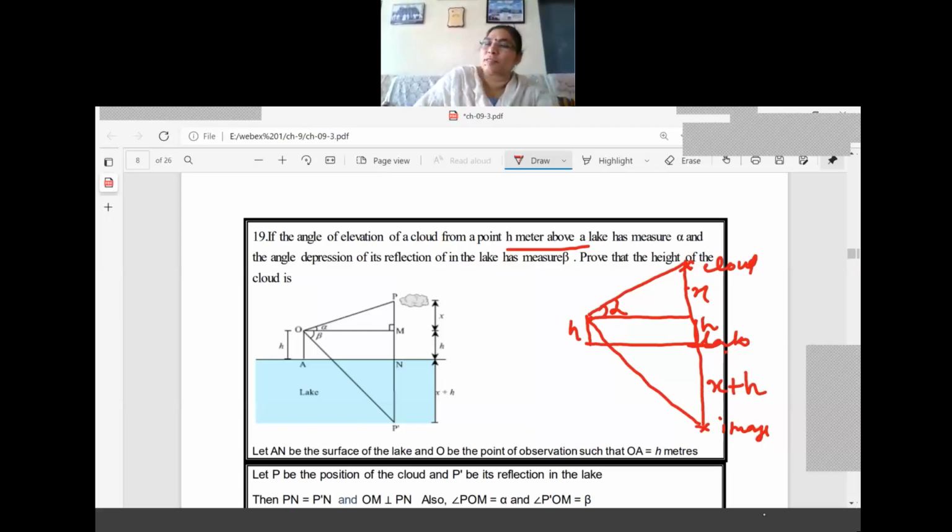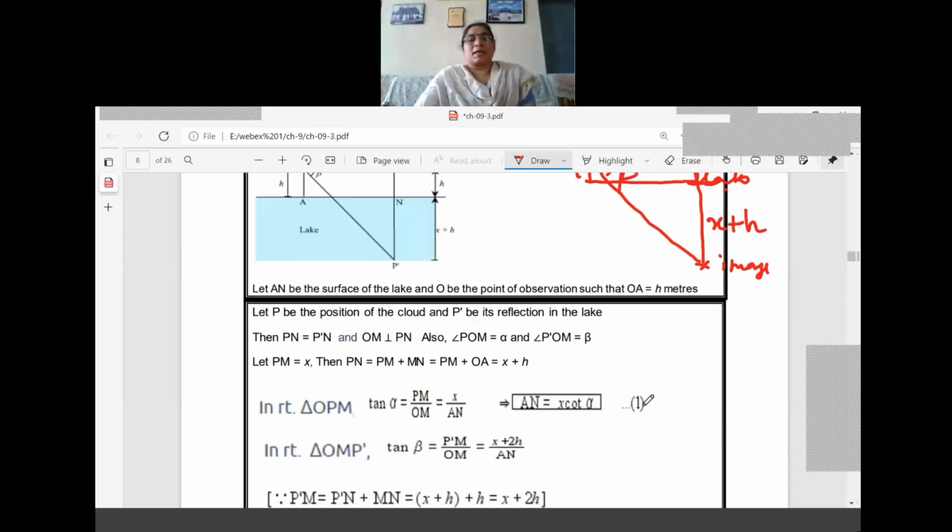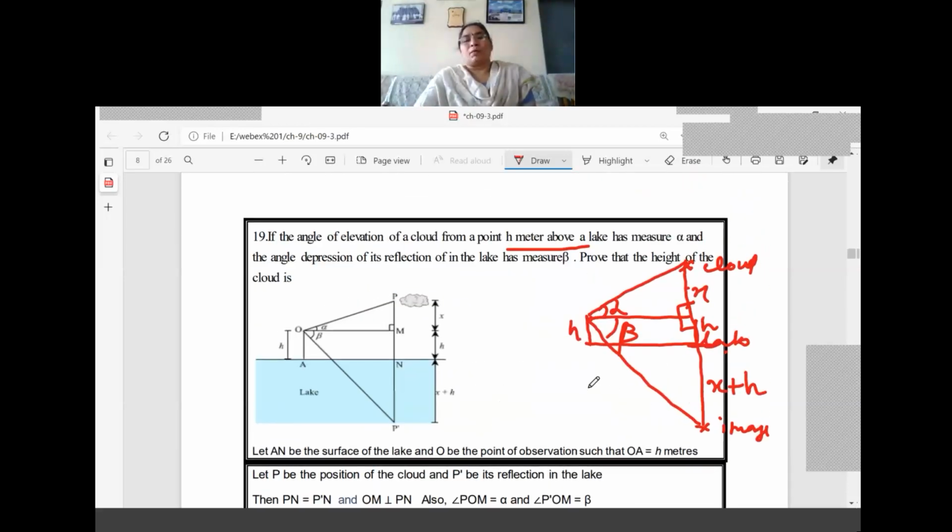What is the distance between the lake and the cloud? It is the same as between the lake and the image of the cloud, so we get x plus h. Now what is the concept for us here? We should use two right triangles, where this angle is 90 degrees, so tan alpha and tan beta should be formed. What is tan alpha here? PM by OM.